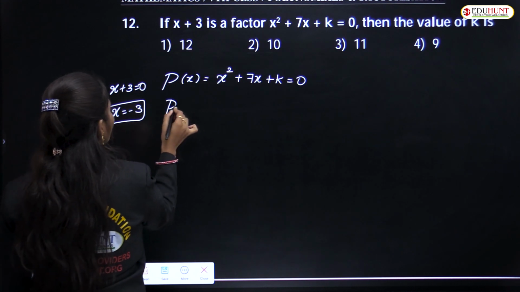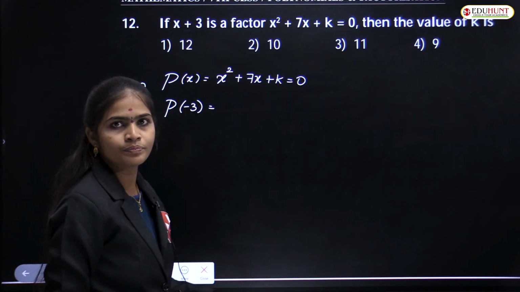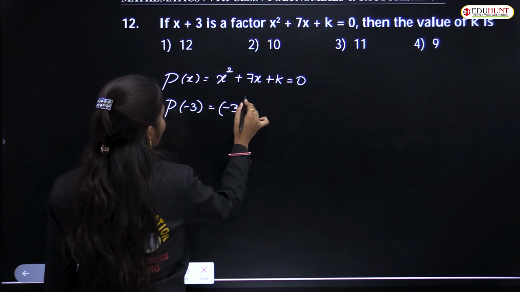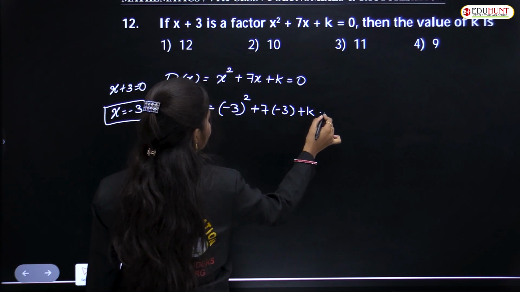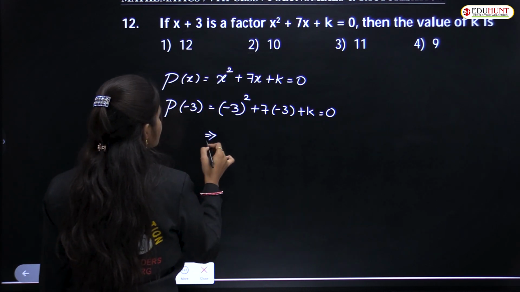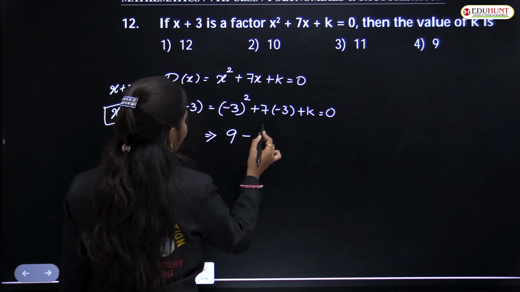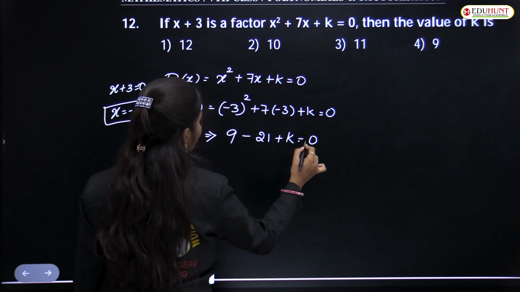So we know that P of minus 3 is equal to 0, already given here. So minus 3 whole square plus 7 into minus 3 plus k is equal to 0, which is 9 minus 21 plus k is equal to 0.